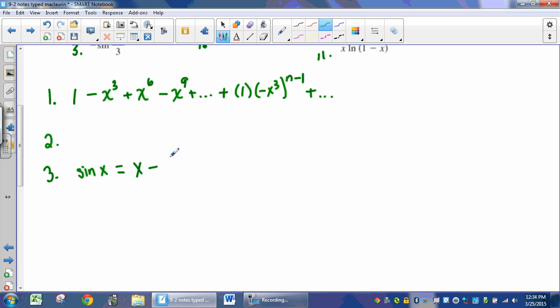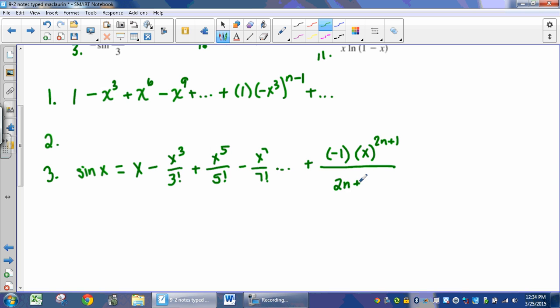So I need all the odds. So x minus x cubed over 3 factorial plus x to the 5th over 5 factorial minus x to the 7th over 7 factorial. And then negative 1 to the n times x to the 2n plus 1 over 2n plus 1 factorial.